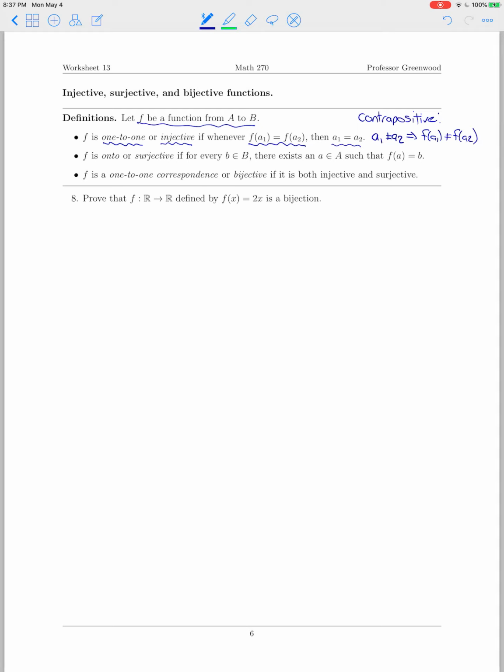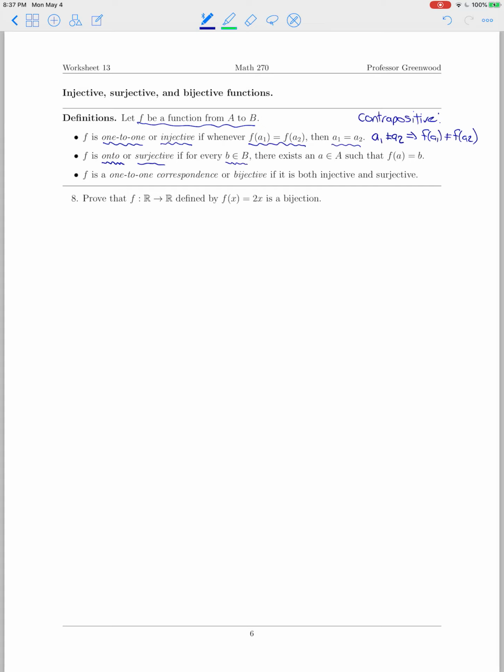Another way of saying this more intuitively is that a function is injective as long as all of the inputs go to different outputs. Then on the other hand, we can talk about a function being onto or surjective. Those mean the same thing, they're just used interchangeably. That would be if everything in the codomain is hit by something.